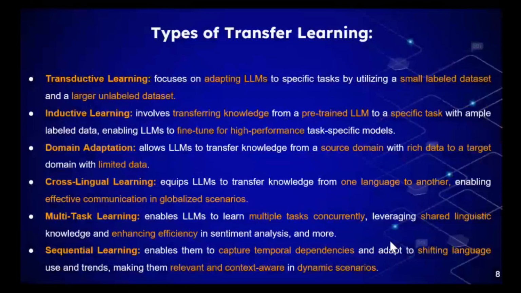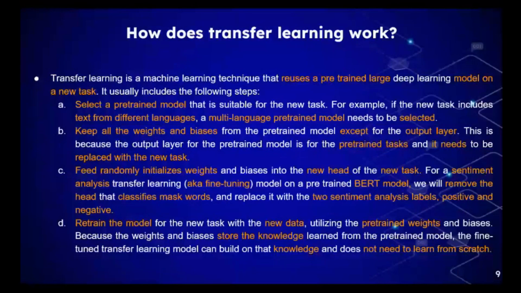Okay, let's see how transfer learning works. Traditional machine learning is useful when a model is trained from scratch using a large language model and a huge dataset of labeled data. This can be time consuming as well as computationally expensive. So transfer learning works when a pre-trained model is used as the starting point for training a new model.